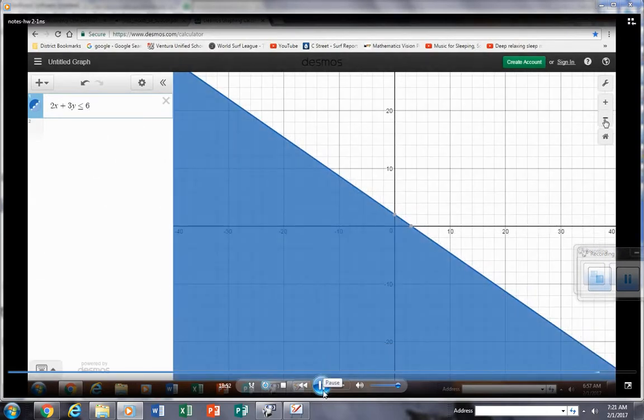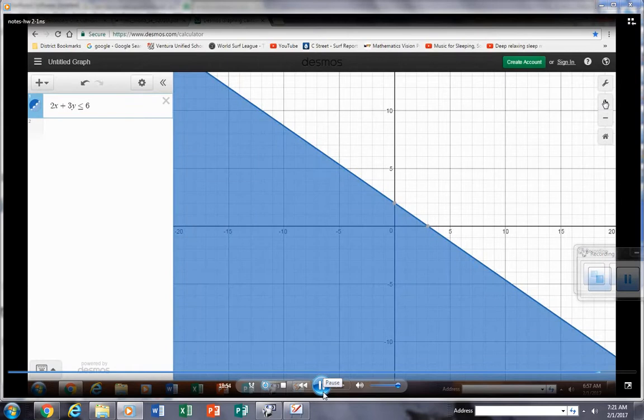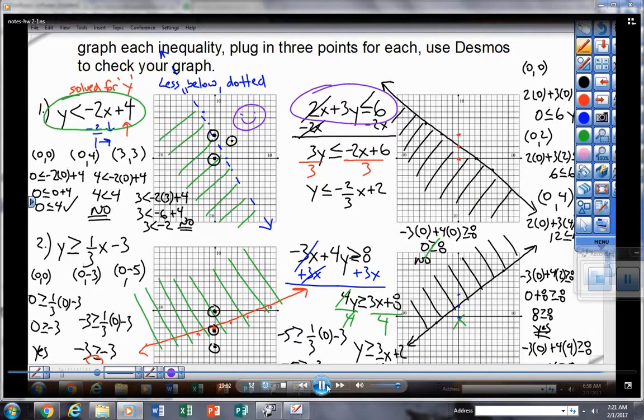So I'm going to zoom back in, I believe. There we go. So again, a y-intercept of 0, 2, an x-intercept of 3, 0, solid line. That should match my graph. And let's see if it does. And yes, it does. There's a y-intercept of 0, 2, an x-intercept of 3, 0, solid line, shade below. So that does match my graph. I know I did that correctly.